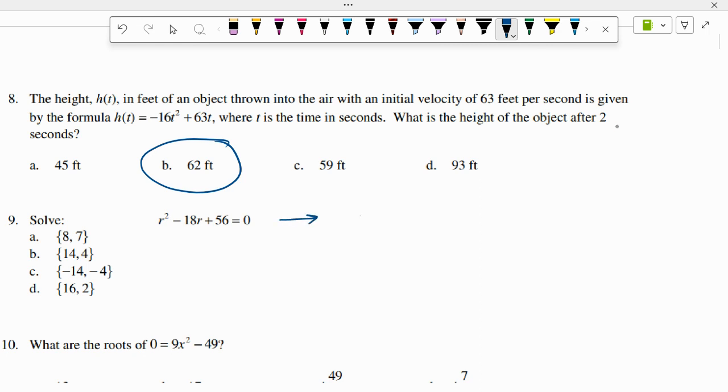This next one says solve. So go to y equals and put in x squared minus 18x plus 56. And then go to your table. And you want to find the 2 places where y equals 0. Find the 2 places on your table where y equals 0.